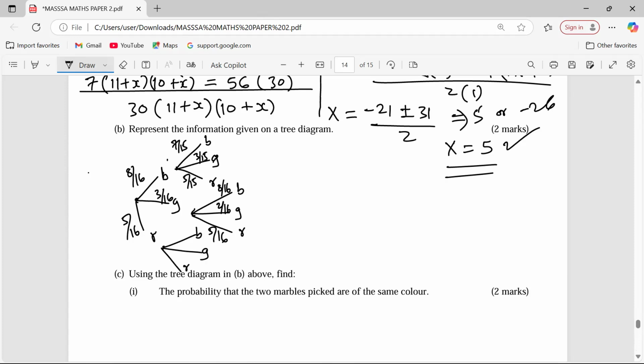Picking red for the second time after we had picked a red is now 4 over 15. The new totals are 15s. Then here we shall have 4 over 15, meaning that this will remain 8 over 15 and this 3 over 15, the original totals.